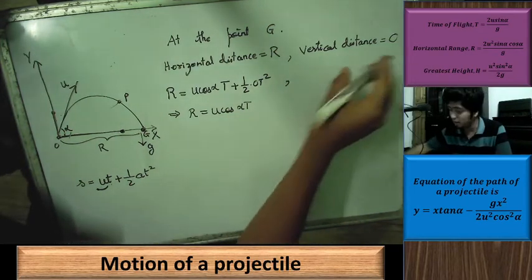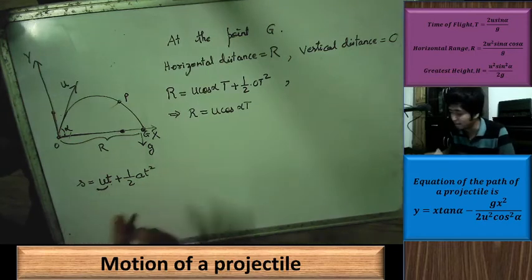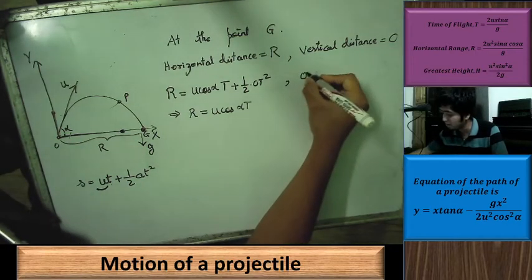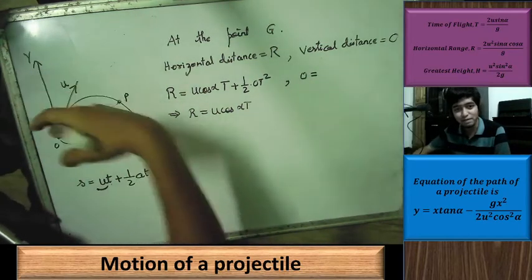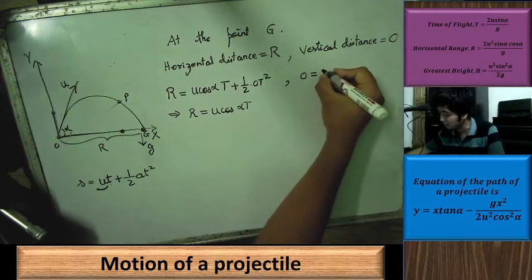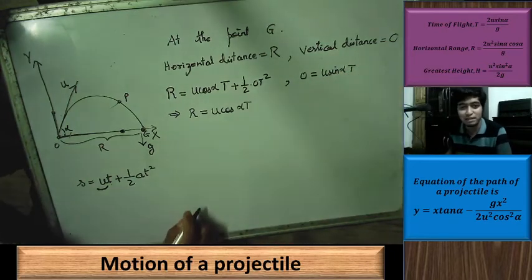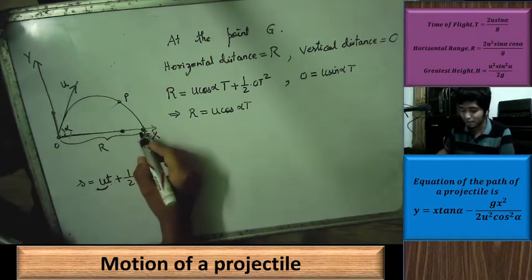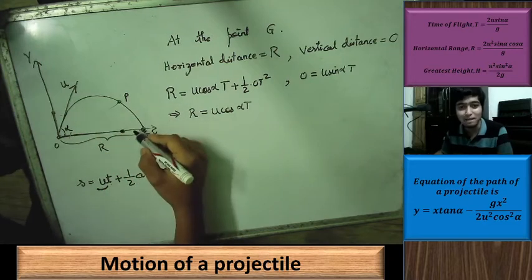What about the vertical direction? Again, we will use the same equation, s equals ut plus half at squared. s will be 0. Because we are using the vertical direction, u will be u sine alpha. Time will still be t, because for the particle to be at G, it takes a time t.